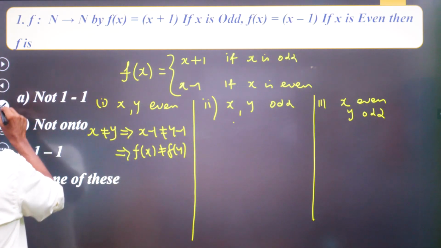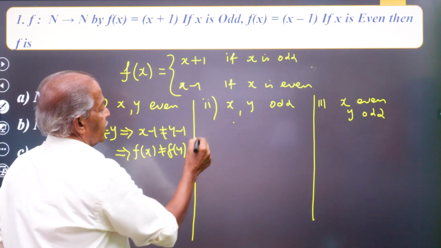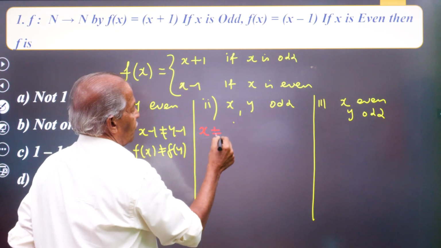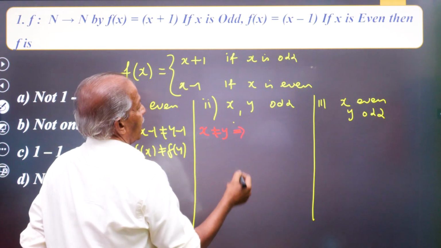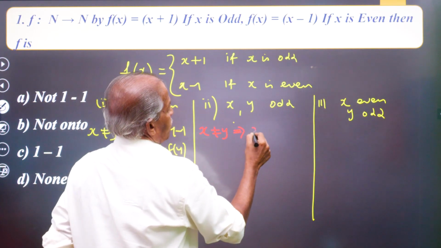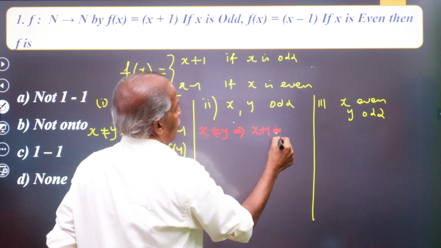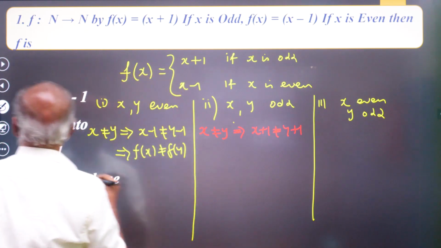Now, x and y are odd. Then x and y are different, which implies the corresponding x plus 1 is not equal to y plus 1. This is also clear.